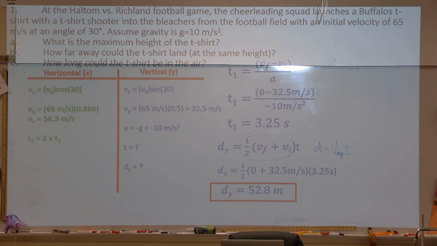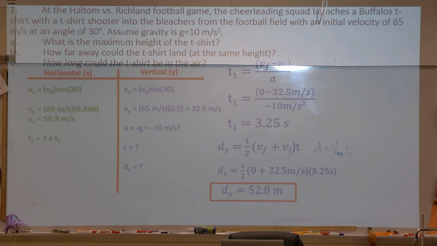Now my time that it's in the air is twice the time that it took to reach its highest point. So when something goes up and it takes some time to get up there, it takes the same amount of time for it to get down if it is coming down to the same level. Now if I shoot it off a cliff and it lands further down, that's different.